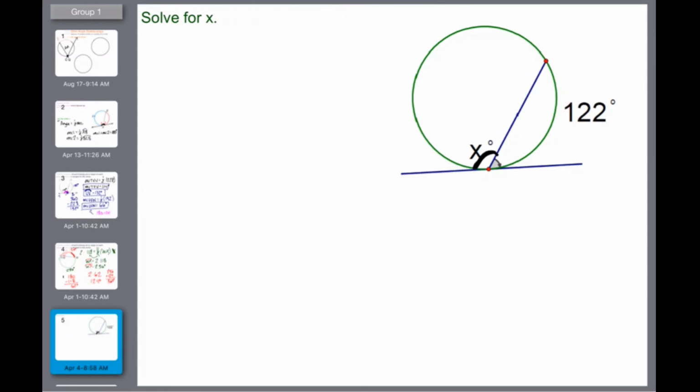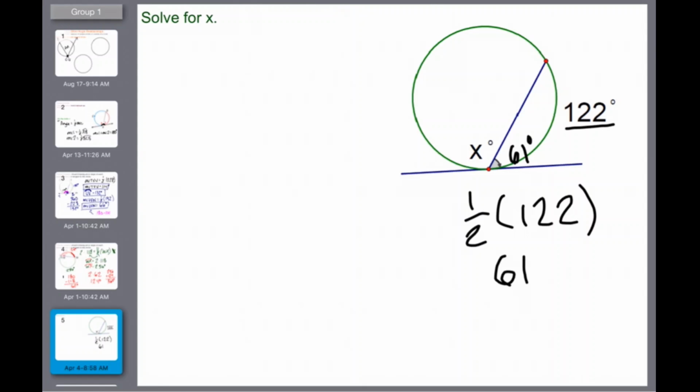All right, so there are two different ways that we can go about this problem. One way is that we can take half of 122. So if we take half of 122, that's going to give us 61 degrees, and that's going to be this angle right here.